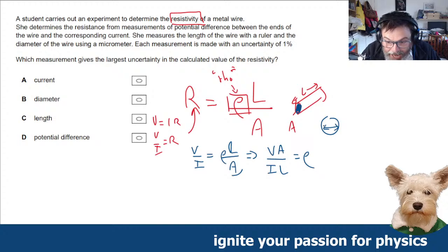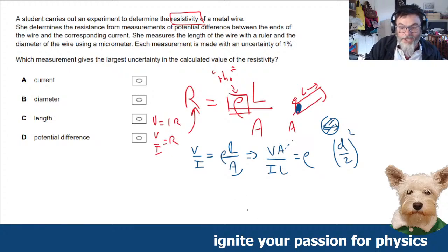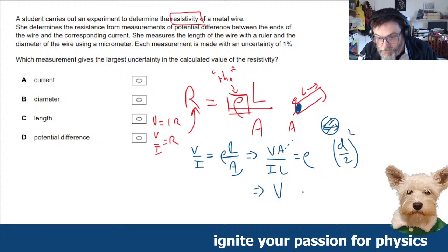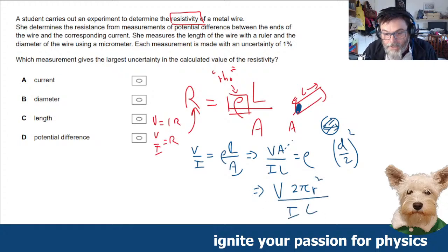To get the area, you have to square the diameter over 2, because that'll be the radius, and you square it. So in actual fact, the resistivity is going to be voltage times 2 pi r squared over IL.